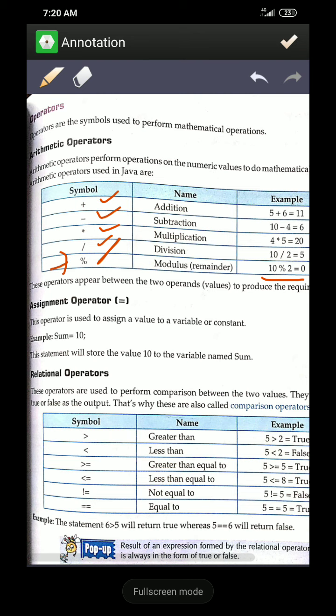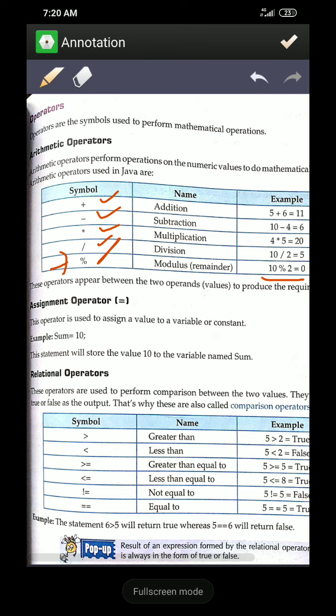When 10 is divided by 2, the quotient is 5 but the remainder is 0. So the modulus operator stores the remainder on division. That is the important point.